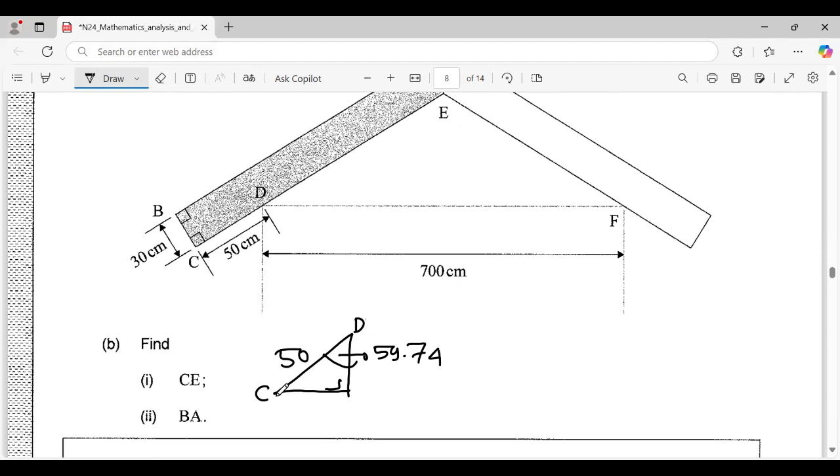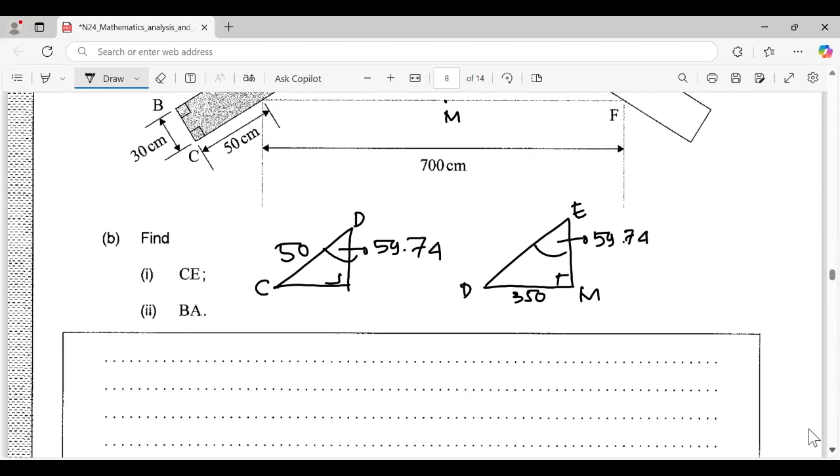And after that, CD plus DE equals CE. And the second right angle triangle, for example, this is M, and the angle is 59.74, while this is 350, because from D to F is 700. So from M to D it means 350.